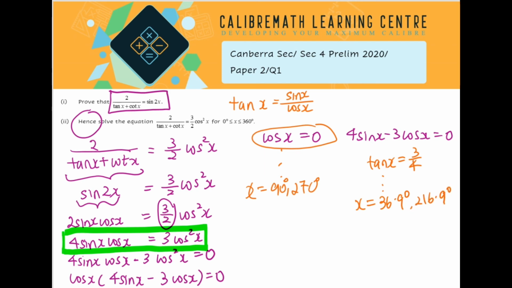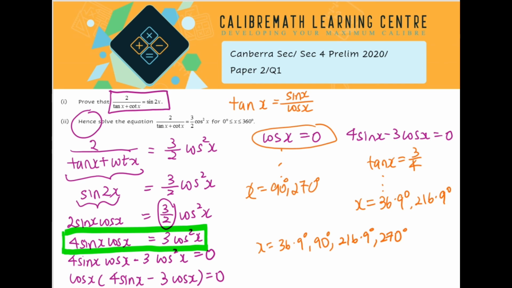So the complete solution to this equation is x equals 36.9 degrees, 90 degrees, 216.9 degrees, and 270 degrees. There are a total of 4 answers as compared to the 2 answers that we got from the solution we did previously.